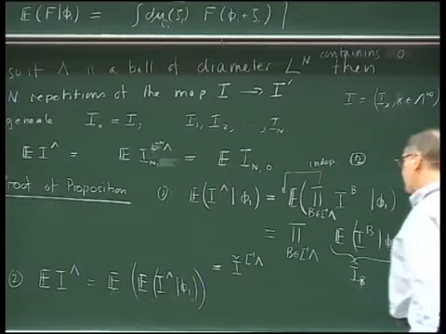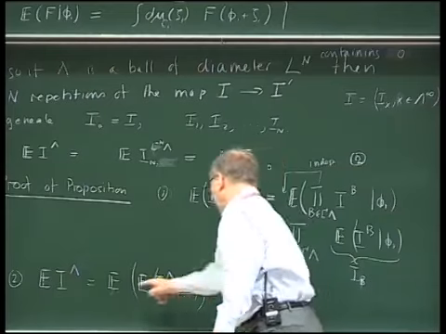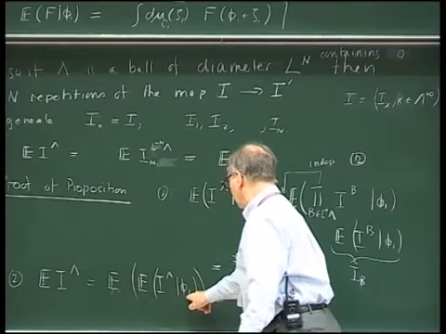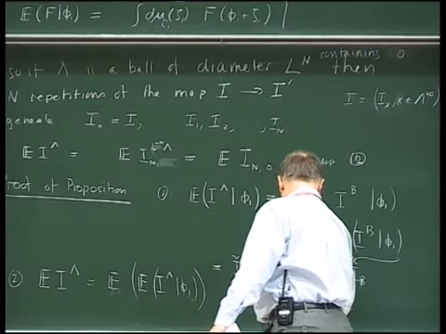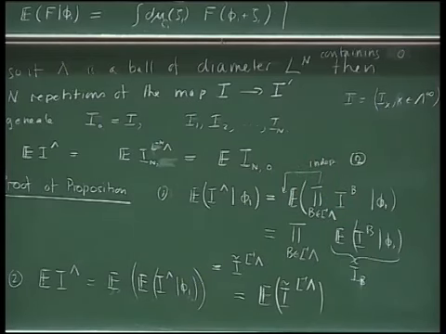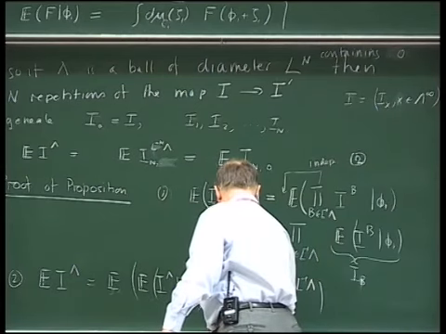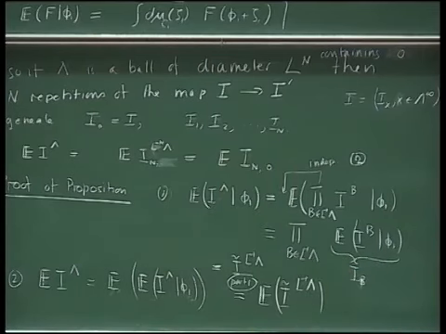So therefore, this is just going to be this outer expectation, and we can use part 1 to replace this by I tilde to the L inverse of lambda. So here we used part 1. Right.